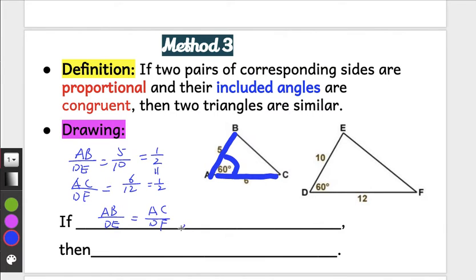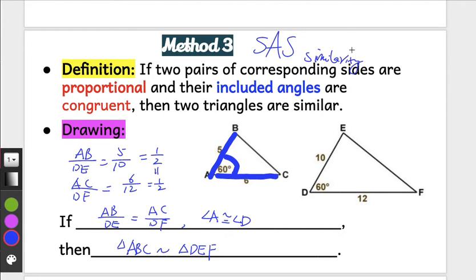And then angle A is congruent to angle D, the included angles. So that means triangle ABC is similar to triangle DEF. We call this method side having the same ratio, angle, and then side having the same ratio, so we call it SAS similarity.